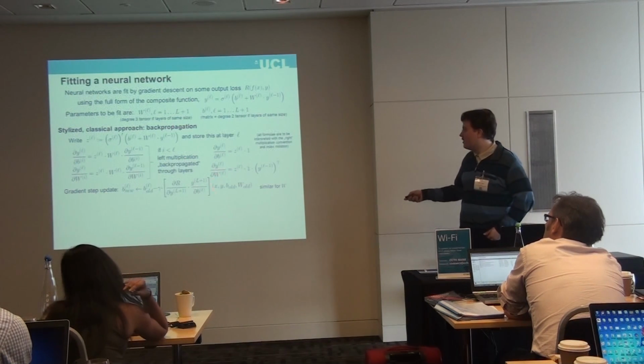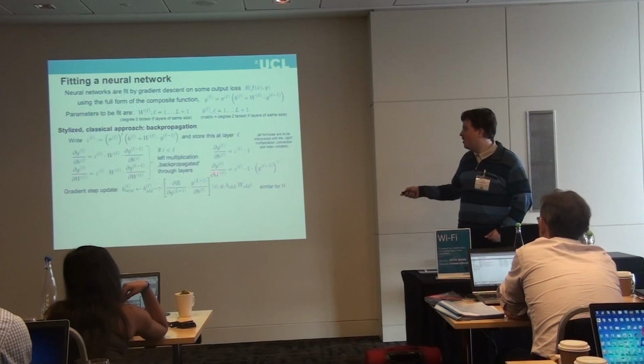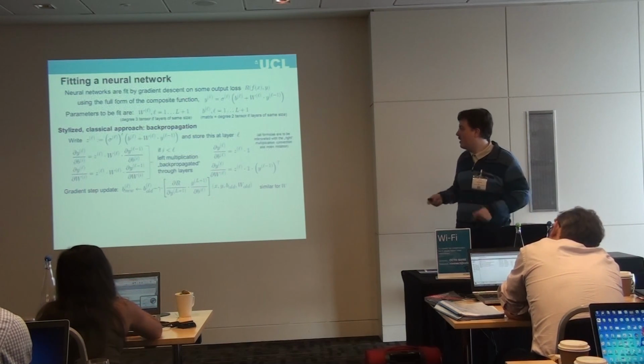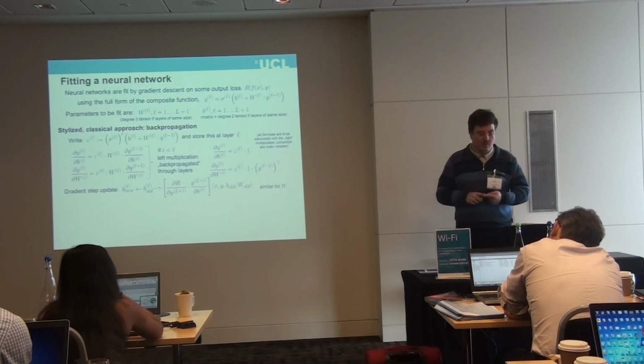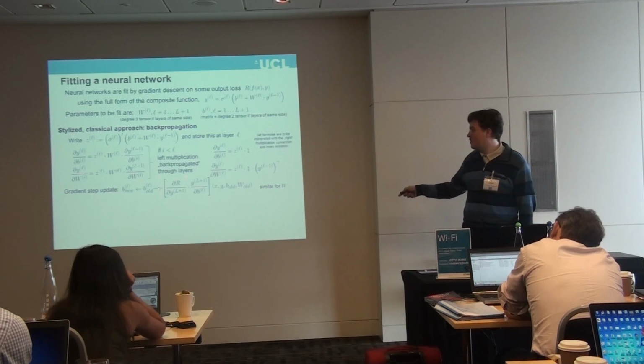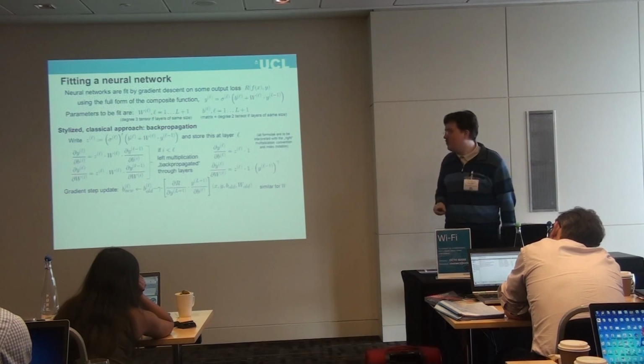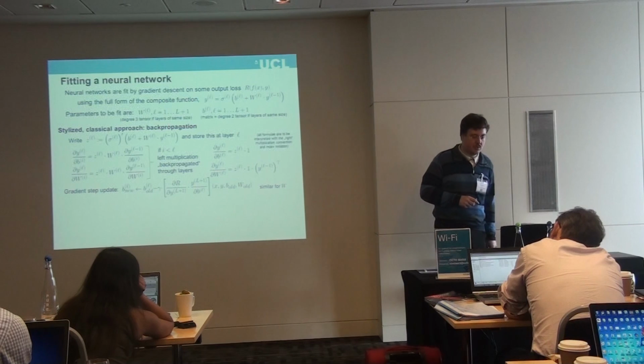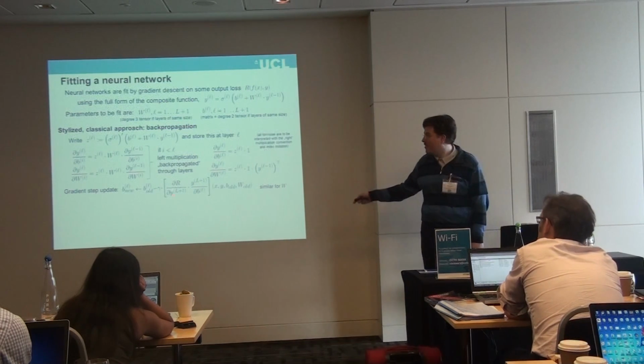And the trick here, of course, is that you have to split it into the derivative of the output with respect to the parameters and the derivative of the loss function with respect to the output. So this is the easy part. This is the difficult-to-evaluate part for which you use backpropagation. And then you have here the gamma.